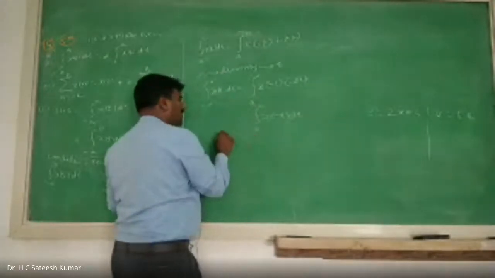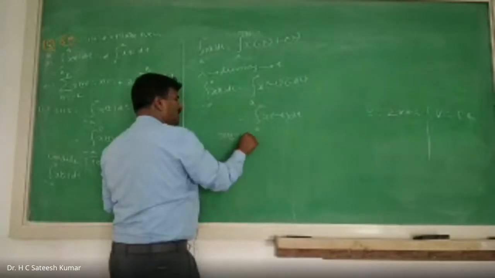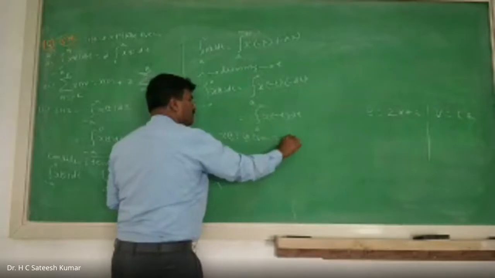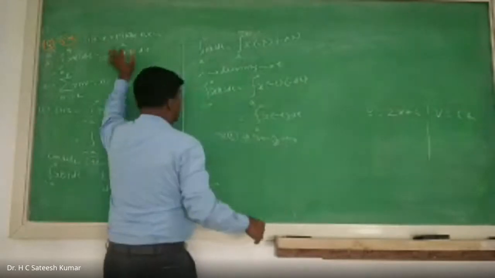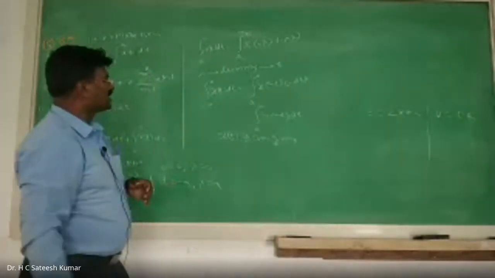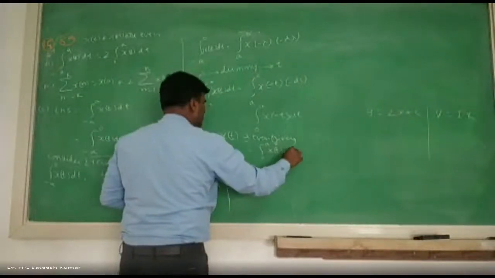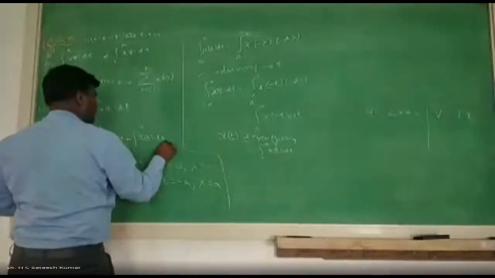But x of t is even, as given here. So x of minus t is equal to x of t. Therefore, it is equal to integration from 0 to a of x of t dt. Now you substitute in equation number 1.